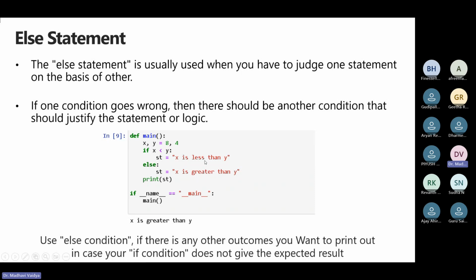So x less than y won't get executed, but x greater than y would get executed, because here it is either the if condition or the else condition. So only one of the conditions gets executed, and whenever you want both to be executed, then we have to use maybe an if inside an if, or we can make use of the logical operator and.